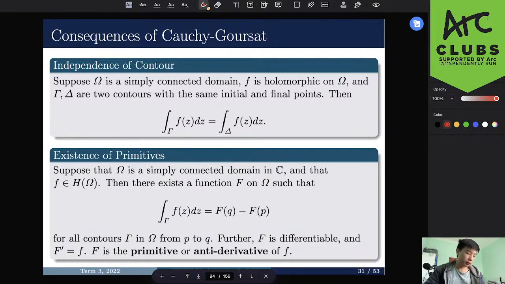So we also have something called a primitive. You might have seen this in the real integrals. It's essentially just using antiderivatives.